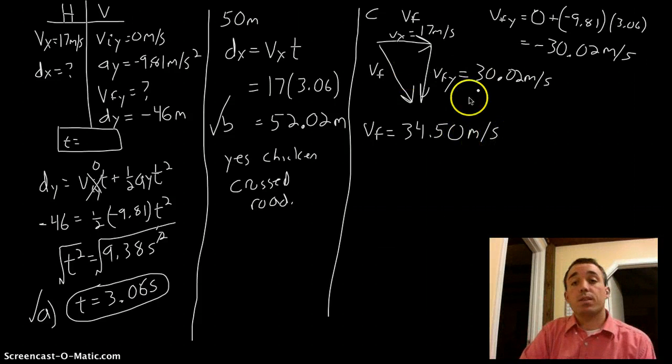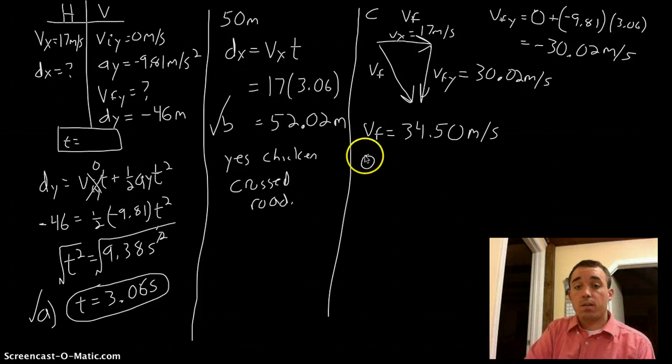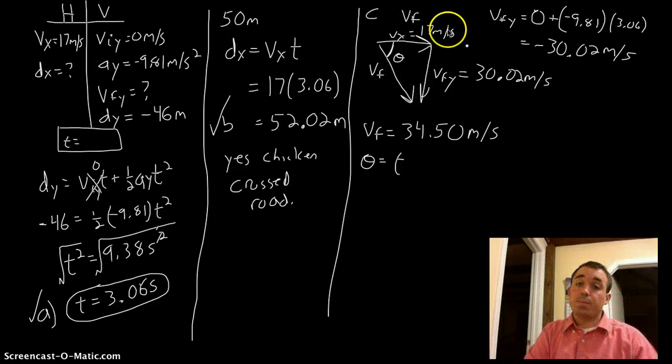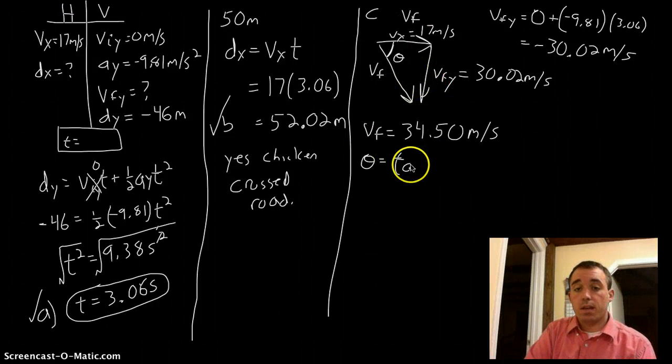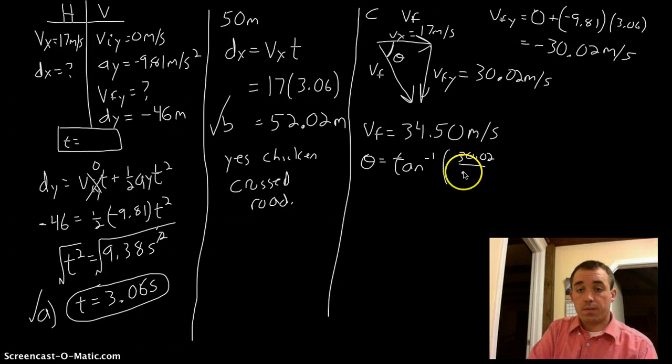But just like the first video, that's only the speed. We also have to find the angle. The angle is the inverse tangent. Our angle is always here, and that's the nice thing about drawing this triangle: it's always set up the same way, so all the spots are always the same. Inverse tan of opposite, which is my 30.02, over 17.